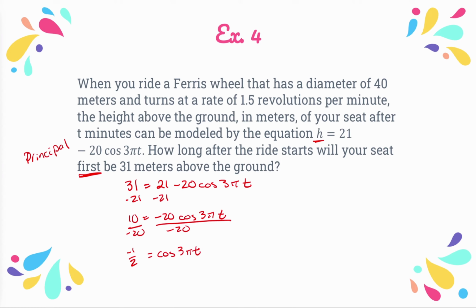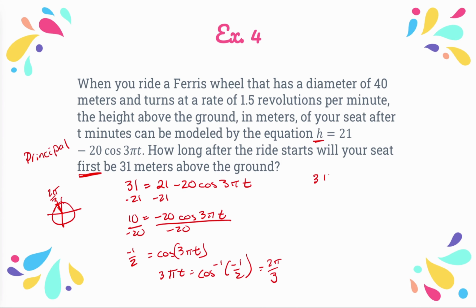So 3 pi t is some angle, and that angle, 3 pi t, is going to be the inverse cosine of negative 1/2. And so where does cosine first equal negative 1/2? That's at 2 pi over 3.